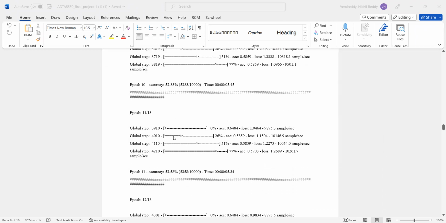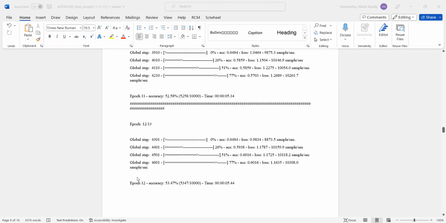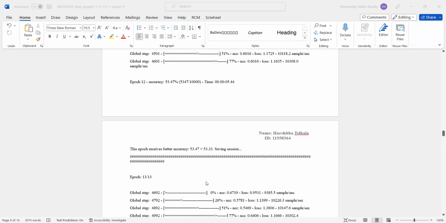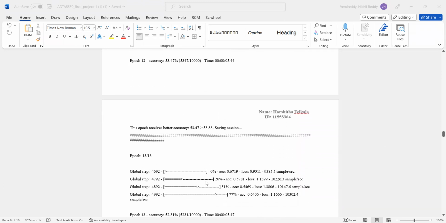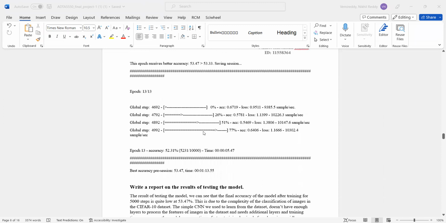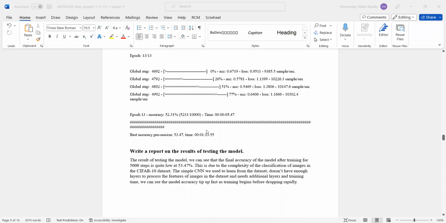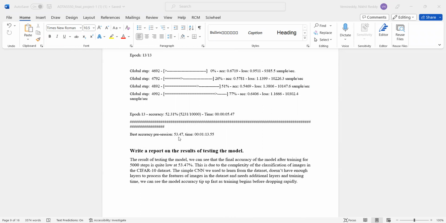So this is the 11. For the 12, this is the accuracy, and we can also see the epoch receives better accuracy, like 53.47, which is greater than 53.33. And this is the final epoch. Here we can also see the best accuracy of the session, which is 53.47, and this is the time.